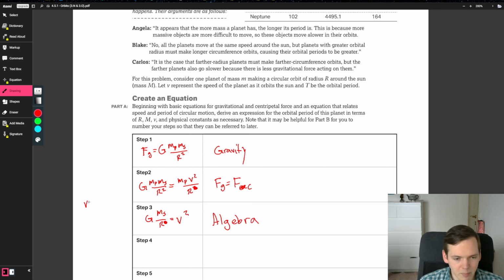And then if we remember, we're still working with this v is equal to 2 pi r over t, because we want to introduce the period and the radius somehow. So G times the mass of the sun divided by the radius is equal to 2 pi r over t, squared.